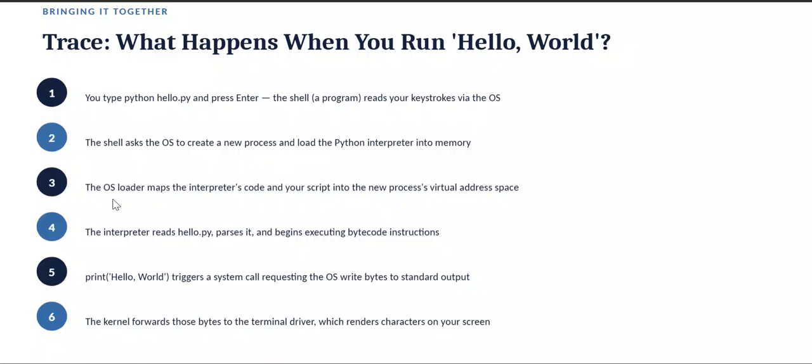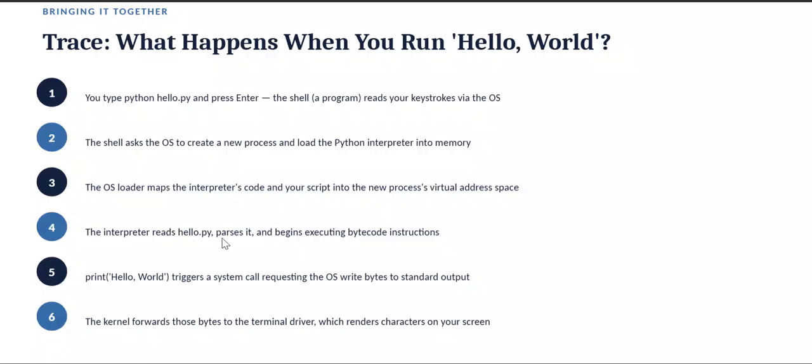Now the OS loader maps the interpreter's code and your script into the new process's virtual address space. The interpreter reads hello.py. Let us say this hello.py is your program, your application, or your software.